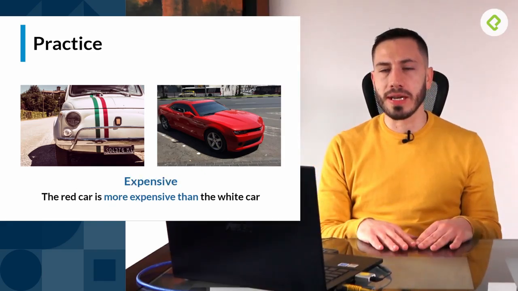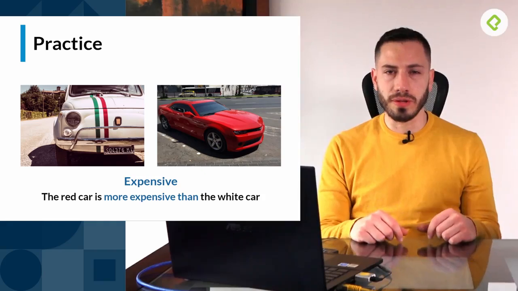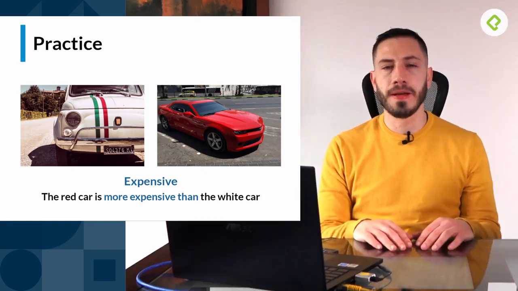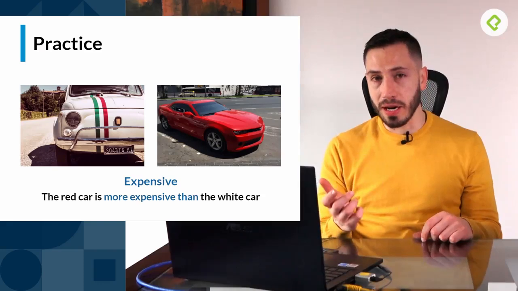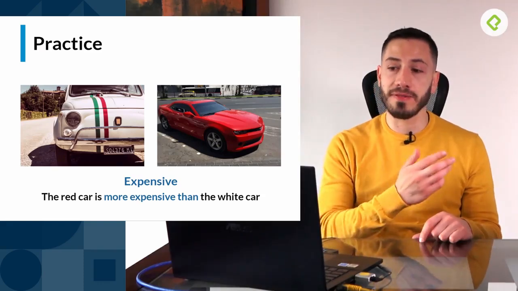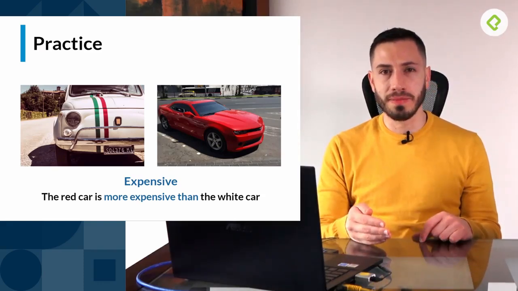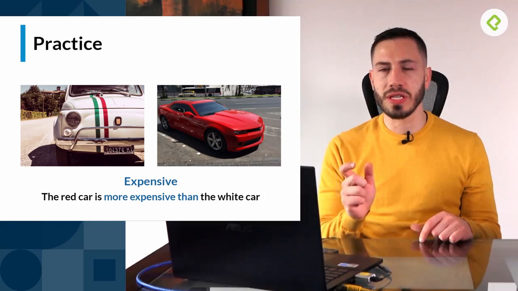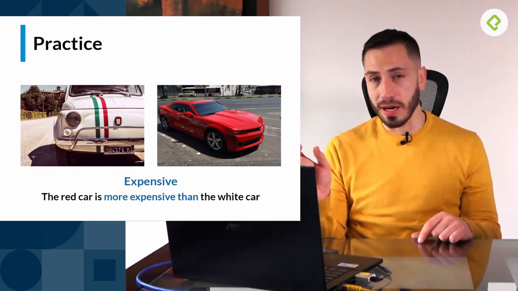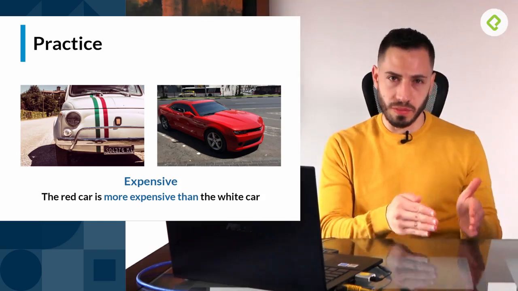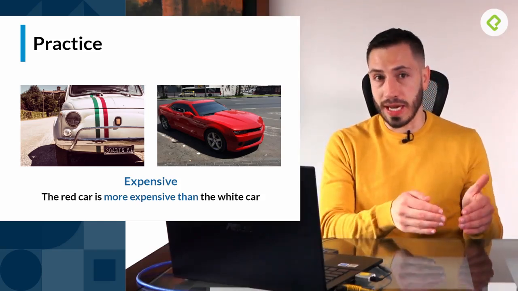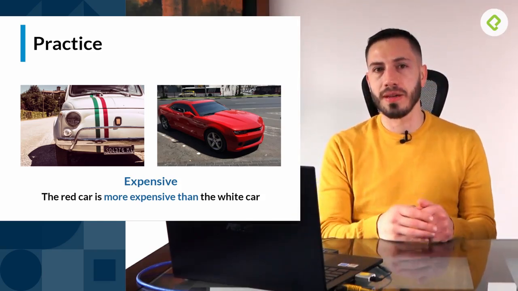Let's have a look at another example with a longer word, like expensive. If we want to compare the 2 cars, you would say the red car is more expensive than the white car. Do you see the difference? Do you see when do you need to add ER and when do you need to add more, then the adjective, then than? Very good.